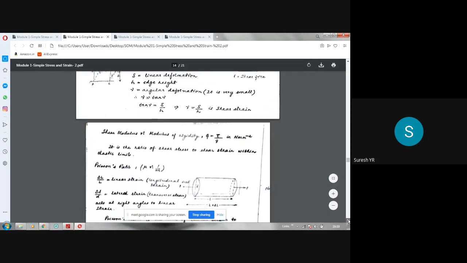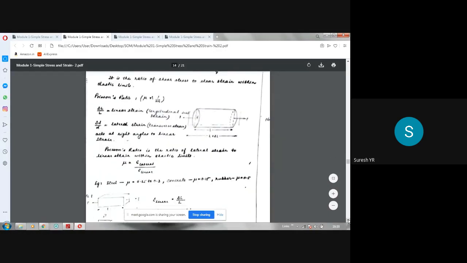You have one more, called Poisson's ratio, another elastic constant, which is defined as the ratio of lateral strain to linear strain. As I already told, when a bar is subjected to force in one direction, suppose it is tensile force, it elongates in that direction, but it contracts in the other two directions.